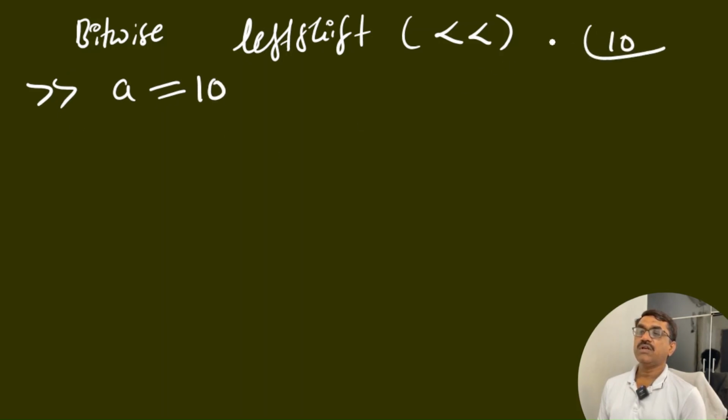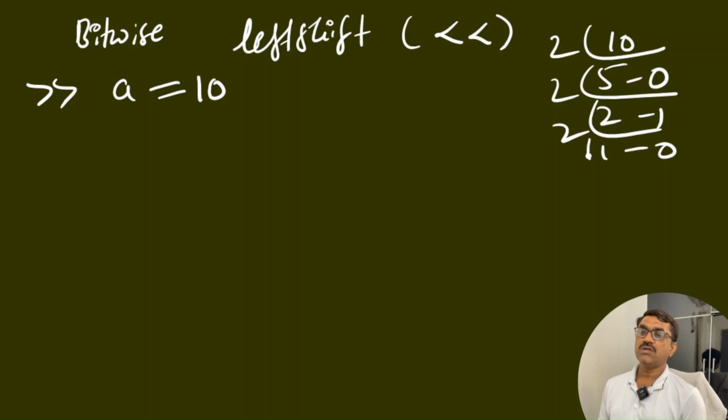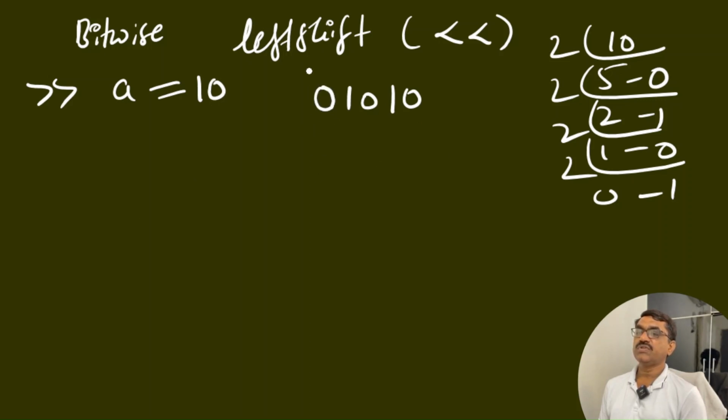What is the binary equivalent? 2 5s are 10, the remainder is 0. 2 2s are 4, the remainder is 1. 2 1s are 2, the remainder is 0. Here we are going to get 1 0 1 0, the binary equivalent. If you want, you can add an extra 0 bit to the left to represent the sign: 0 1 0 1 0, no problem.